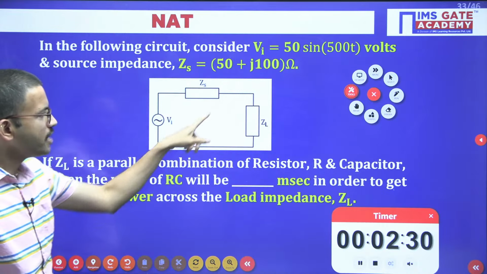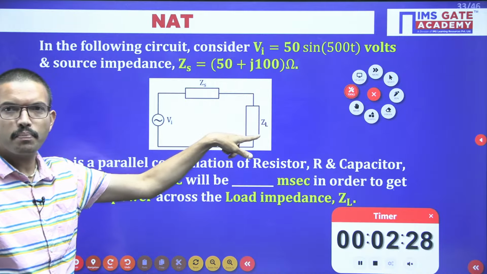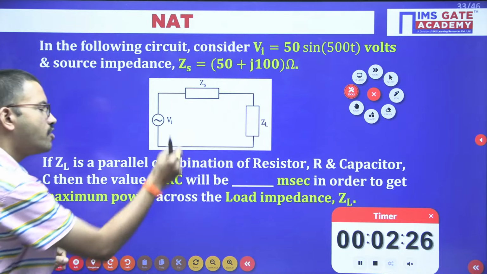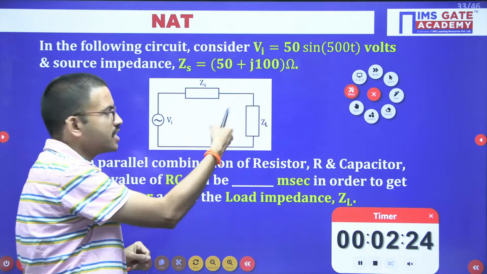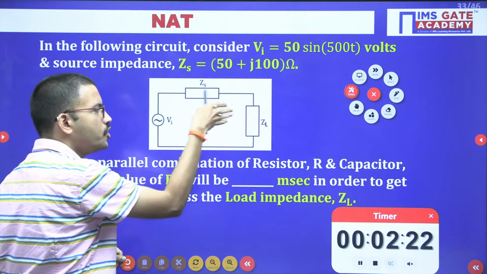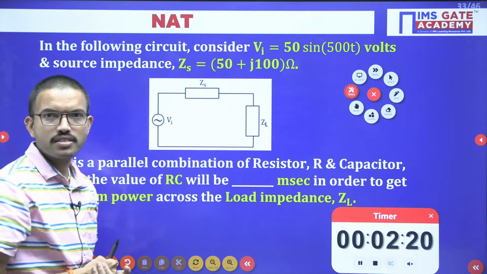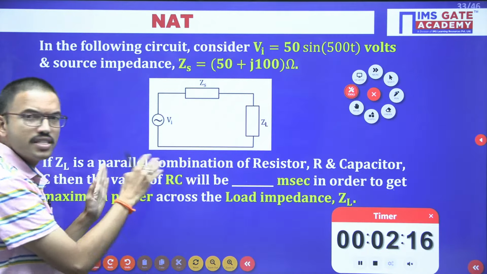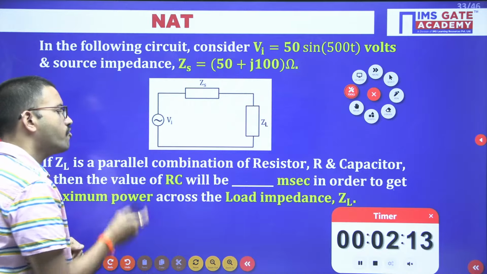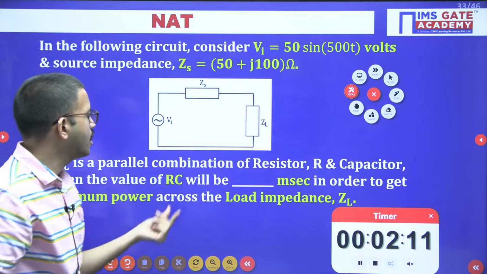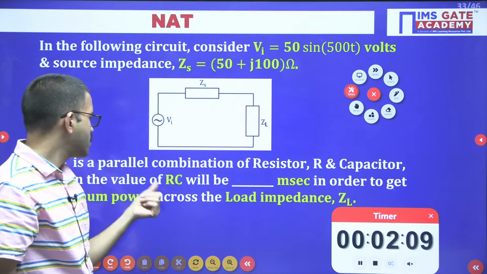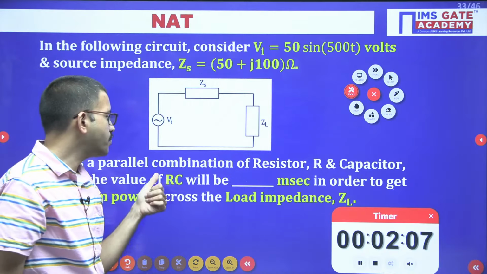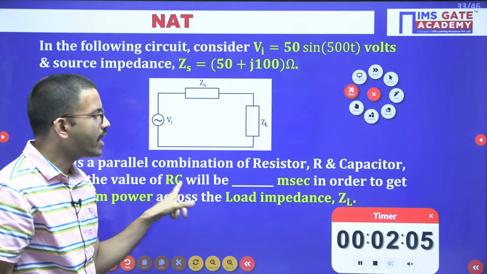Now, in order to get maximum power across this load impedance, you have to consider that condition, where you are going to get maximum power across the load impedance. Okay. After doing whatever steps you will follow, finally in this particular question, you have to find the value of R and C. That means just multiply R and C. What is the value you are going to get?